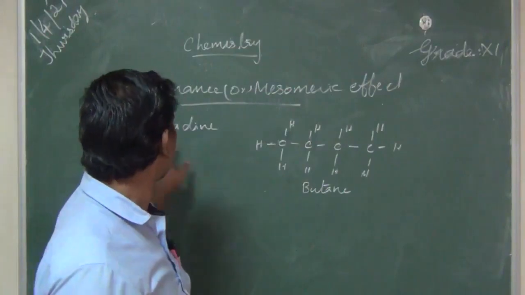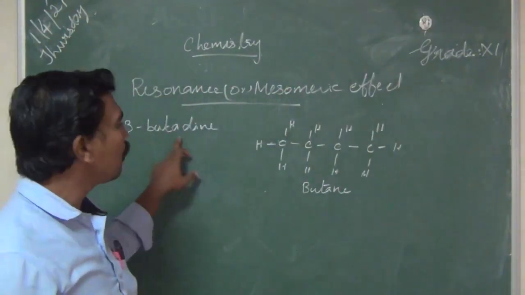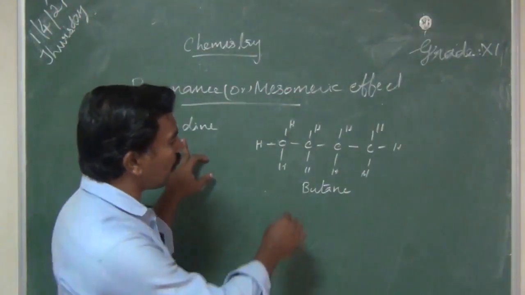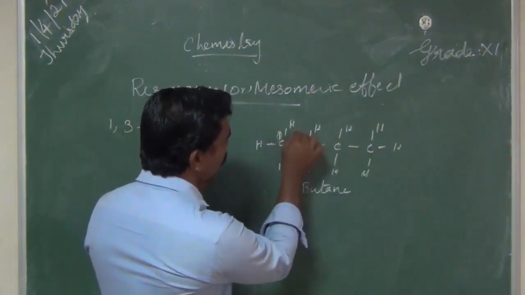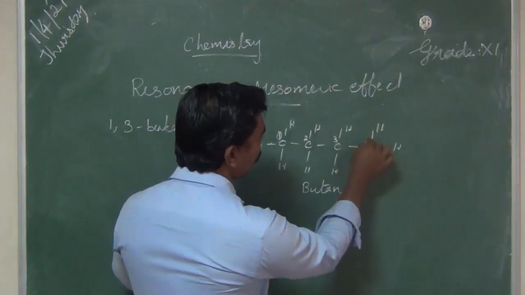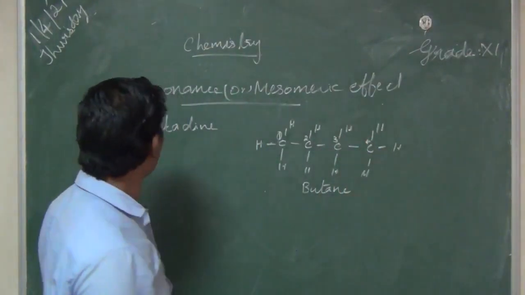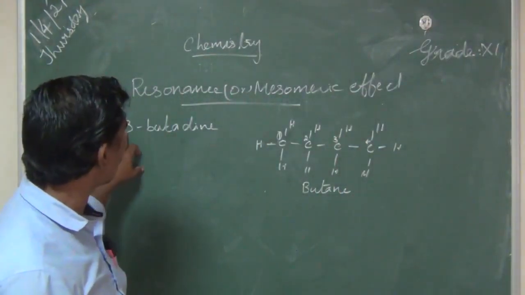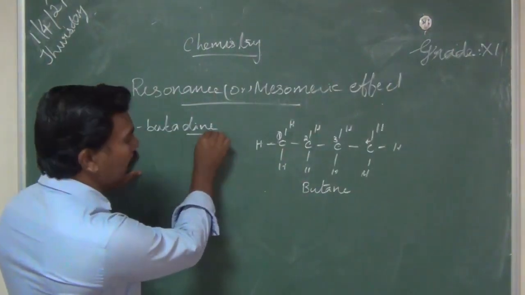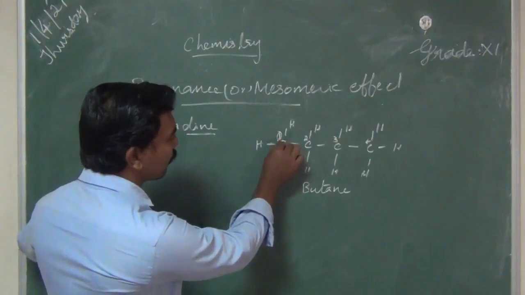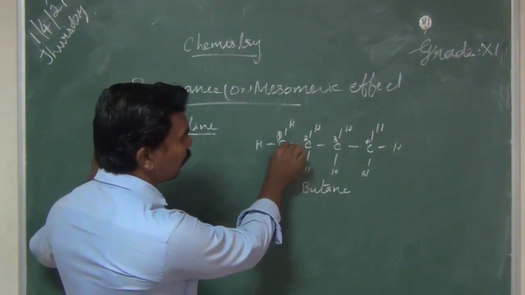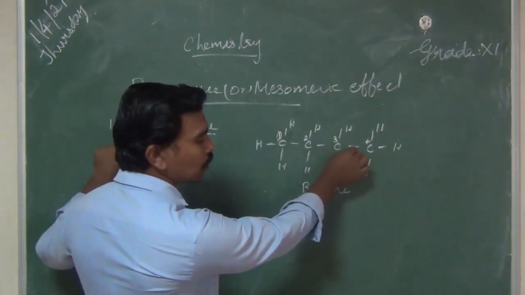Now the example is 1,3 butadiene. It has 4 carbon atoms, numbered 1, 2, 3, 4. The first carbon atom and the third carbon atom carry the diene group, meaning a double bond. Here is the first carbon atom with a double bond, and at the third carbon atom there is also a double bond.